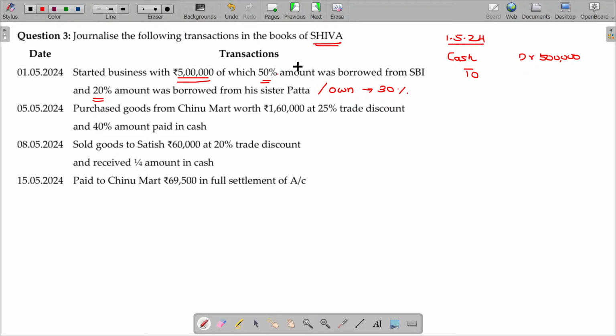Out of that 5 lakhs, 50% is SBI loan, 2.5 lakhs. 20% from Patta, loan from Patta or Patta's loan, may be 1 lakh. Remaining own contribution is named as capital, the value being 1,50,000.